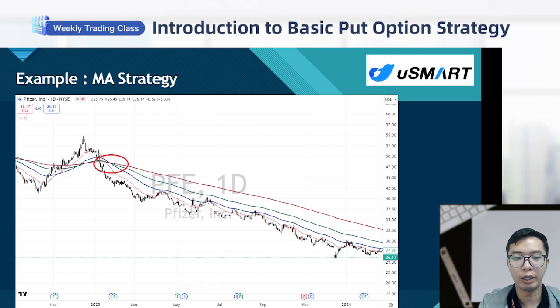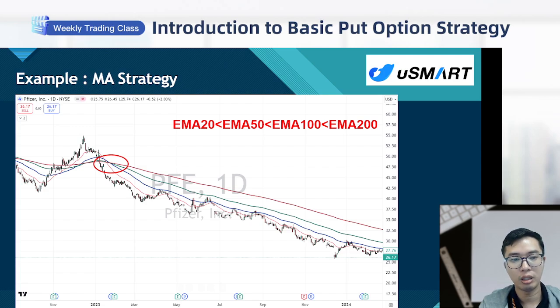Here I use exponential moving average, which is slightly more sensitive than the simple moving average. Here you can see a thin red line, blue line, green line, and a slightly thick red line. The lowest one is EMA 20, then EMA 50, EMA 100, and the top one is EMA 200.